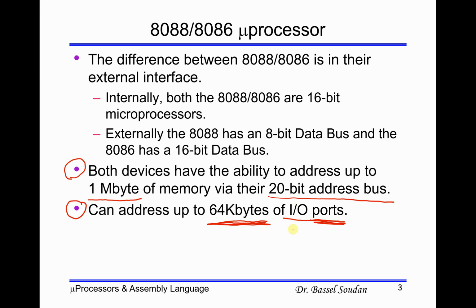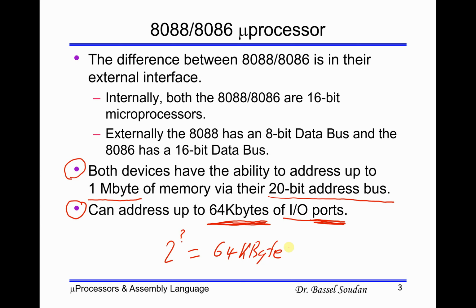If my I/O has 64 kilo, or 64,000 different ports, that means I need how many? 2 to the power what will give me those 64 kilobyte?